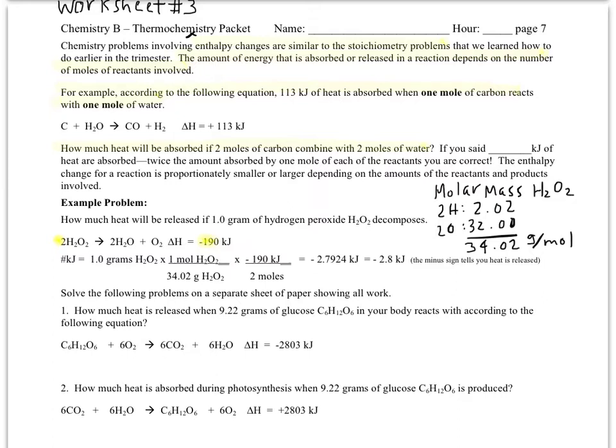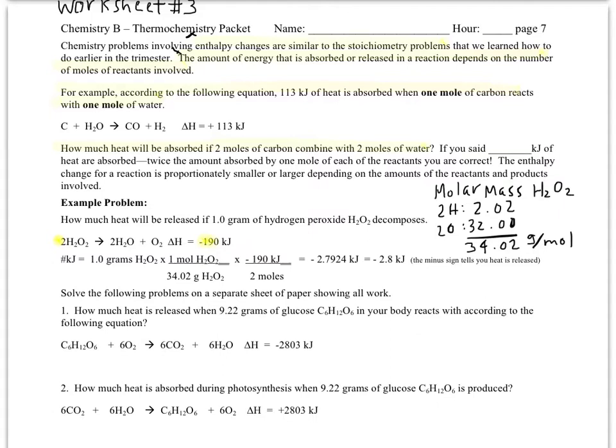The central idea here on this worksheet and this calculation is that the amount of energy either absorbed or released during a reaction really depends on the number of moles of reactants involved. So the more reactants you start with, the more energy is going to be absorbed or released because you're going to have a bigger reaction occurring. And vice versa, the fewer moles of reactants you start with, the less energy will be absorbed or released because you'll have a smaller reaction occurring.